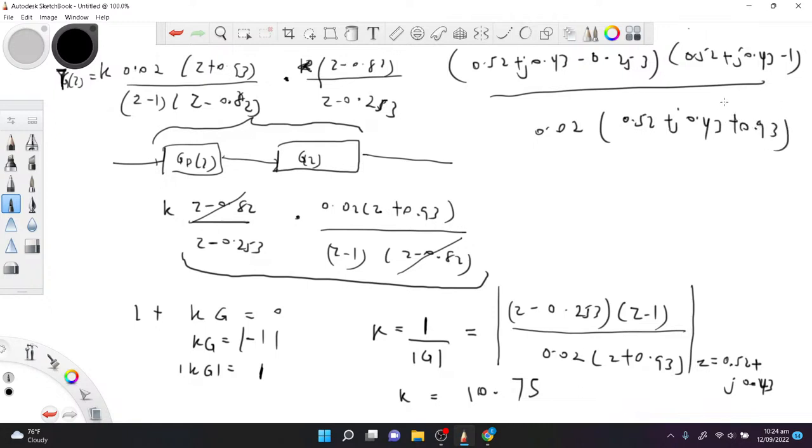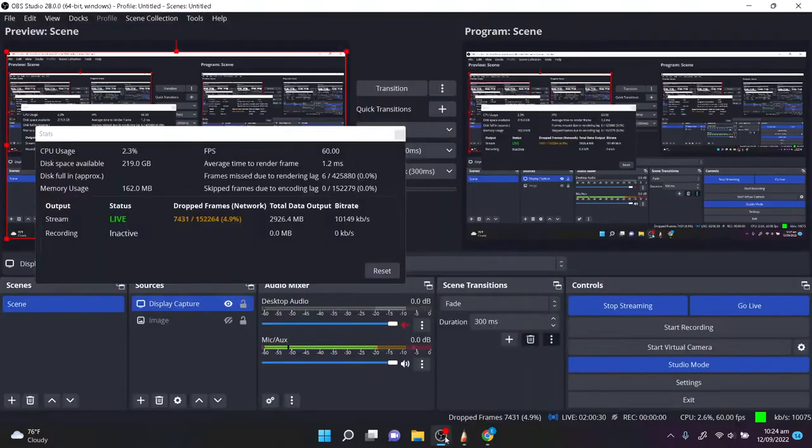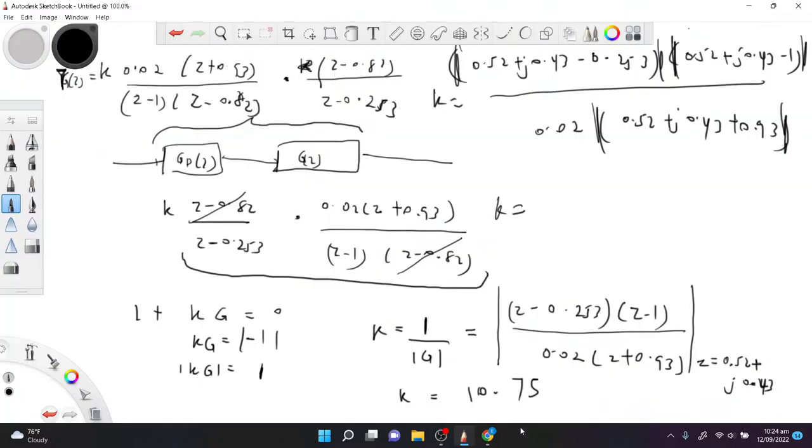The rest is calculated. You find the magnitude of each of these complex numbers, and that will give you your K. So that's it, thank you very much. When you find this, just take the magnitude straight. Fine.